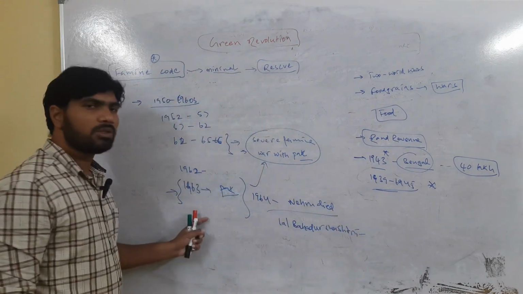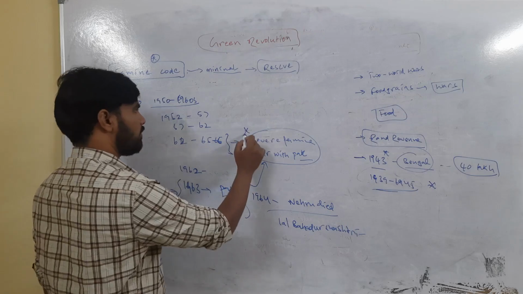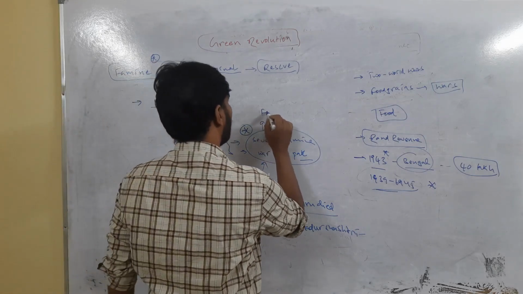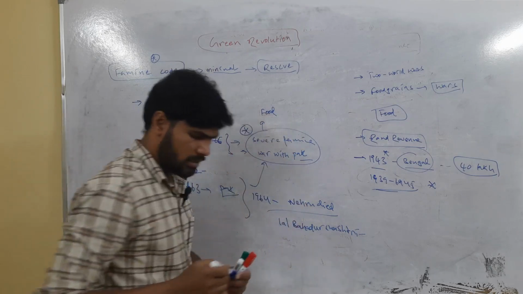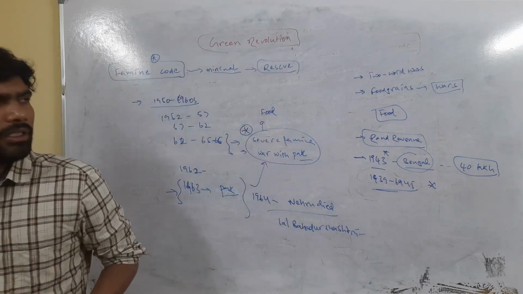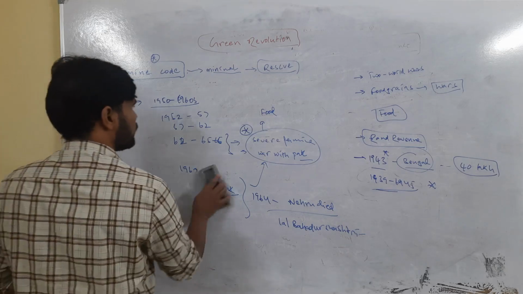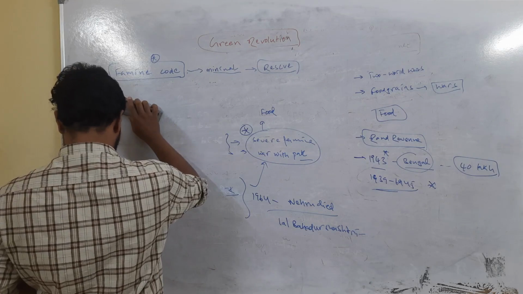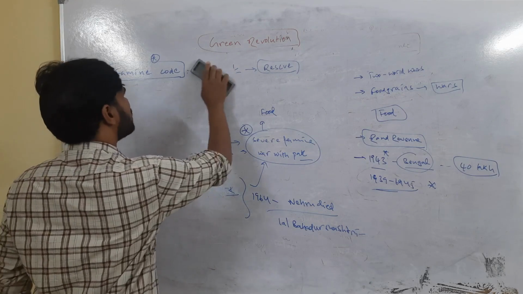So this is the background. There was a severe famine in our country, and we were importing food grains to meet our needs. One more example we have to see. This famine was taking place, and we did not have food grains to eat because of the continuous famines.